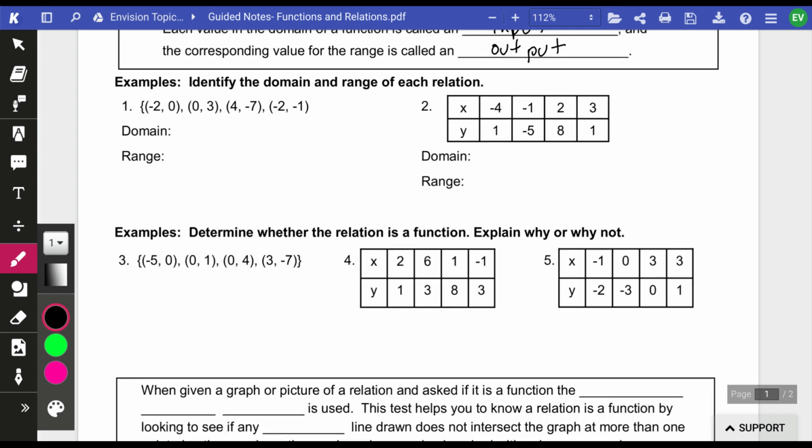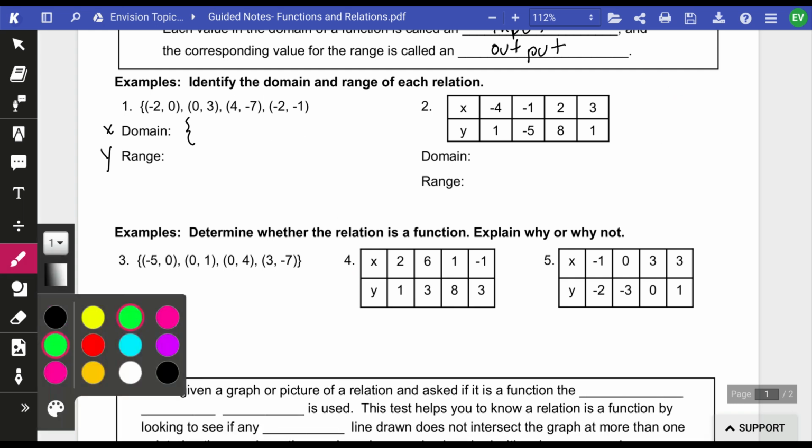Identify the domain and range of each relation. Should be pretty easy. Domain, remember, is your x. The range is your y. We're going to write it like a set. Our x values, I'm going to make them green, are the first ones. Our y values are the second ones.